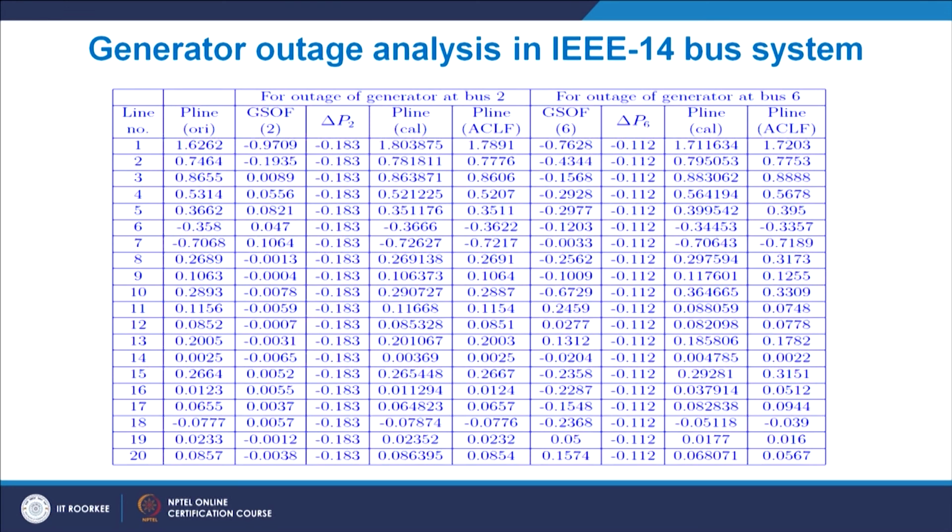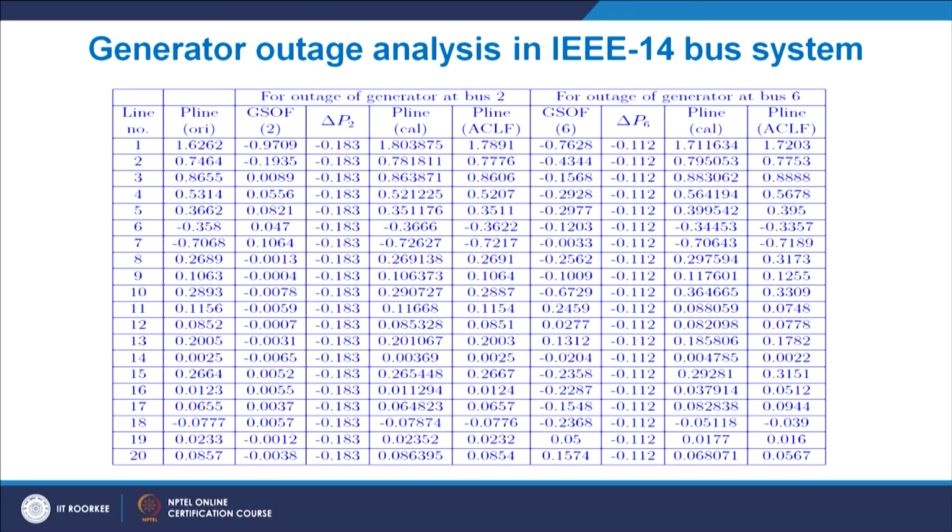Here we have assumed that all the generation lost due to the outage of bus 2 is taken care of by the generator at bus 1, which is the slack bus. This column shows the power flow obtained by this approximate method, and this is the power flow we obtain by full AC load flow.